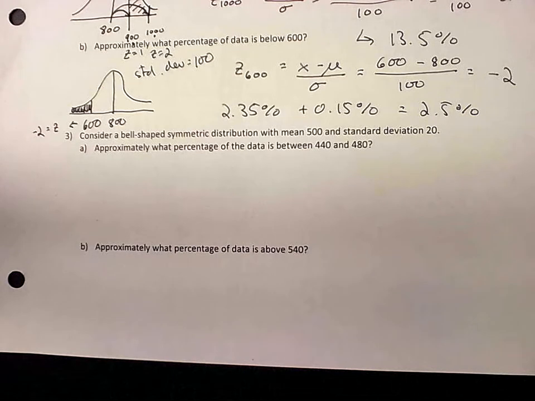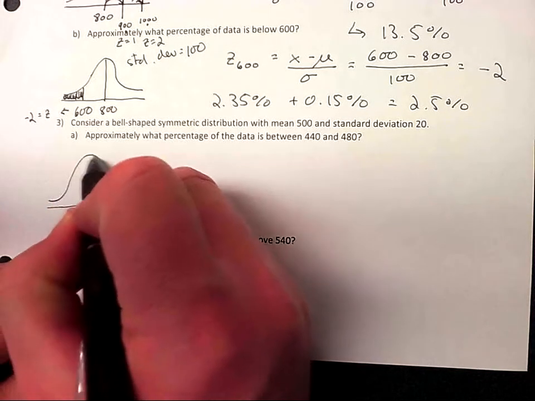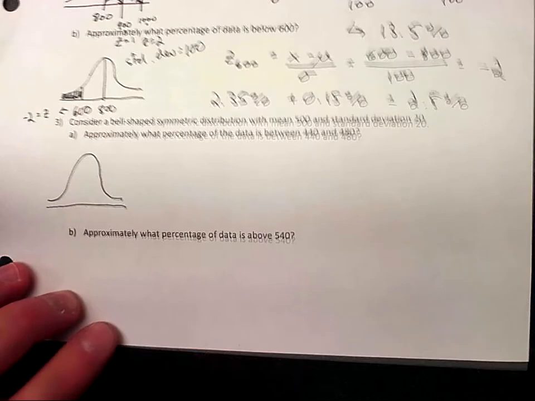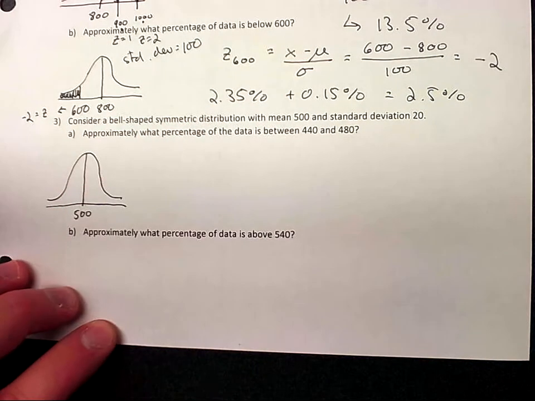Anybody need any extra time to work on 3A and B? Right. Then let's do it. So again, consider a bell-shaped symmetric distribution. Again, if you draw yourself a picture, the pictures always help. Now we have a mean of 500. We know for a bell-shaped symmetric distribution that the mean is right in the middle.